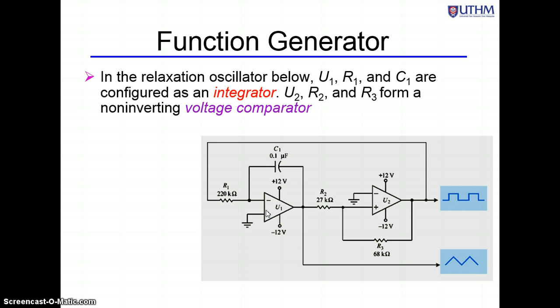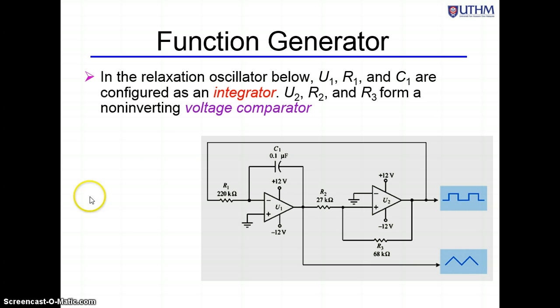And this example we call a function generator, because you can produce both a square wave and a triangular waveform. This is actually similar to the previous circuit. This is your integrator, and the output of the integrator is put into a comparator. So it is the other way around.